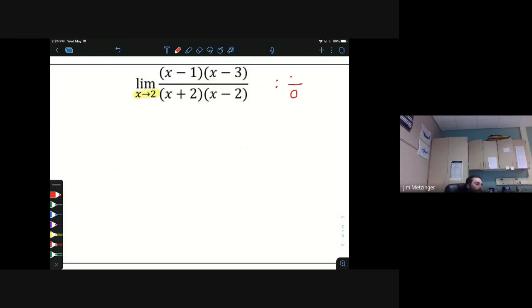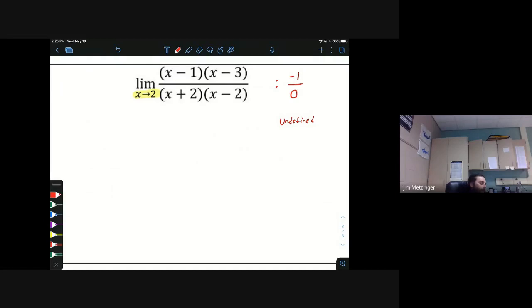It's undefined. But we've got to define it. This is different than having 0 over 0. What do I have at x equal to 2? Undefined. I have a hole. 0 over 0 is a hole. You've got a vertical asymptote there.